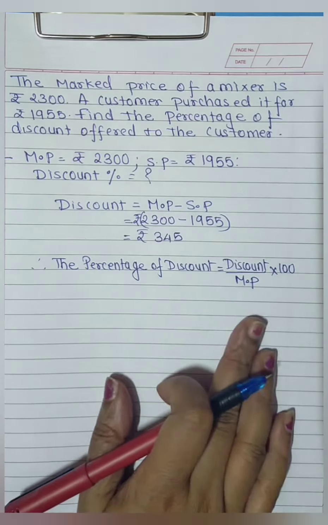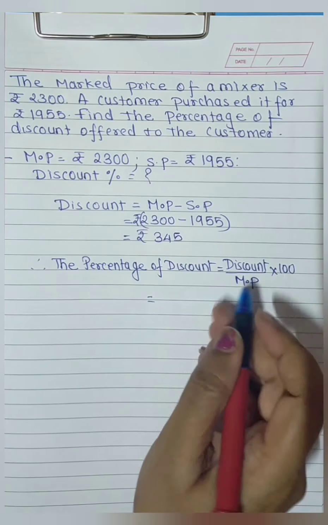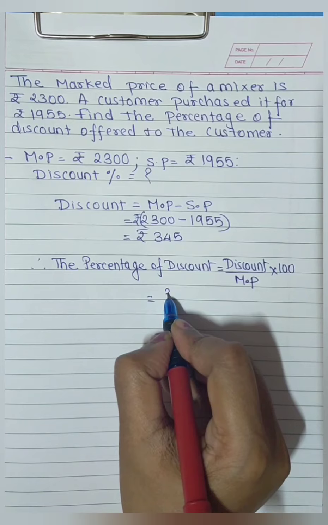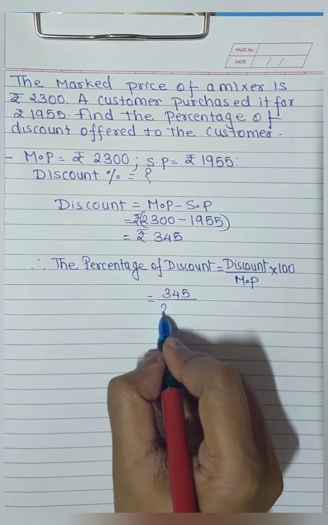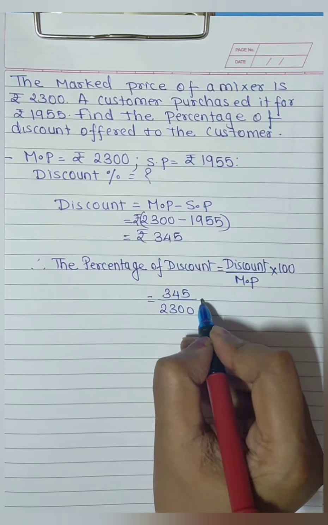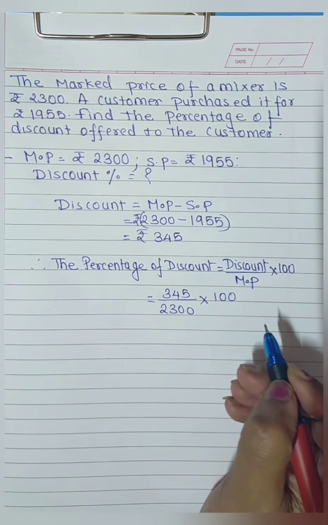Okay, I hope it is visible. Now here the discount we got is 345 rupees upon MP, which is given as 2300, multiplied by 100.